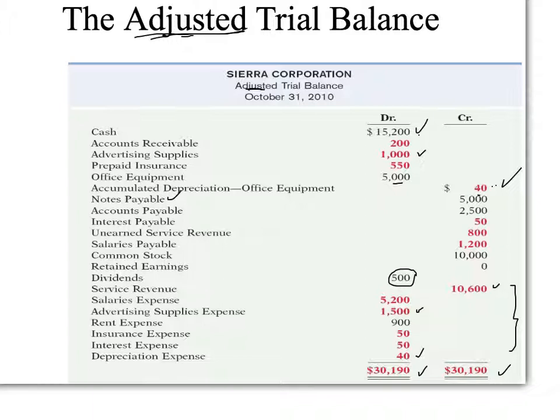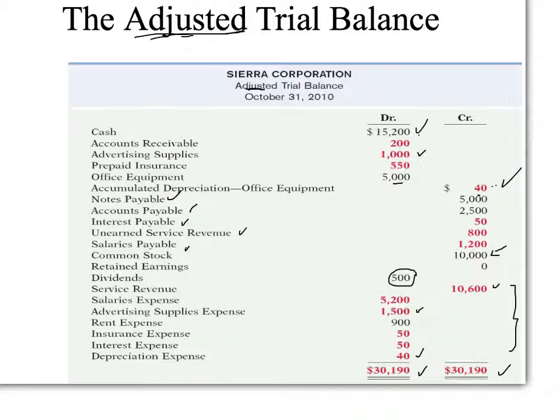Notes payable, accounts payable, interest payable, unearned service revenue, and salaries payable are all current liabilities. In this case, there are no long-term liabilities. And finally, the shareholders' equity section, common stock plus the new retained earnings, and therefore your total assets should equal your total liabilities and shareholders' equity.